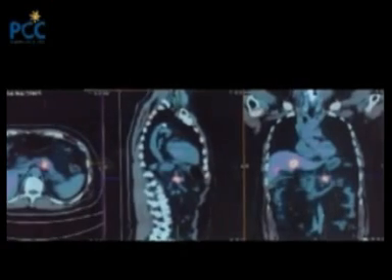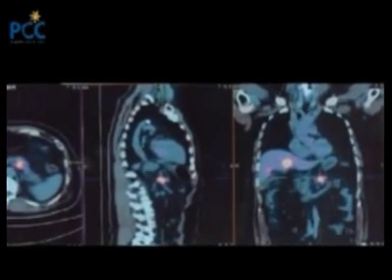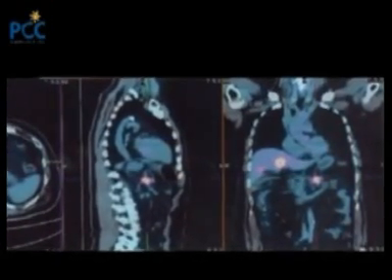You may actually upstage a patient from a stage 2 to a stage 4 and thereby change the way in which you are going to manage this patient. So a PET CT is extremely useful in helping us to stage the cancers.